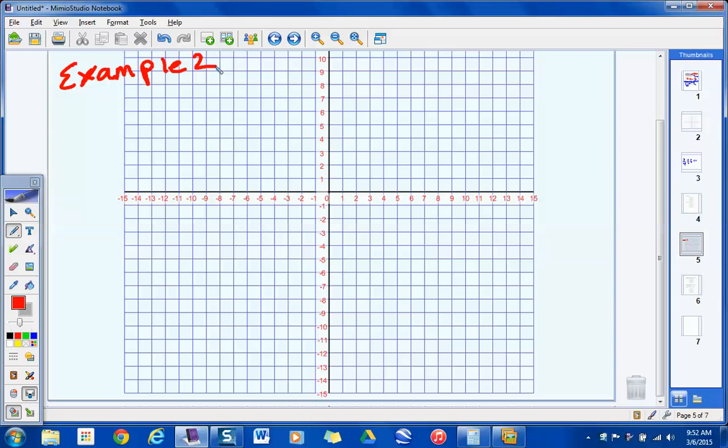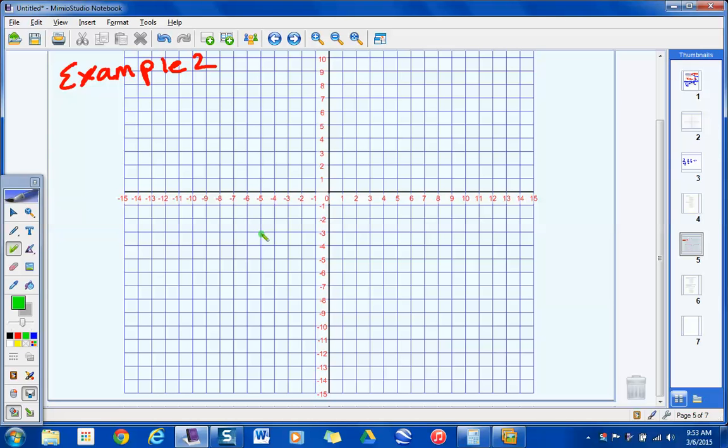Example 2. Finding y-intercept, right? Plot these points for me. Plot, let's go left 5 and down 3. That's 1 point.